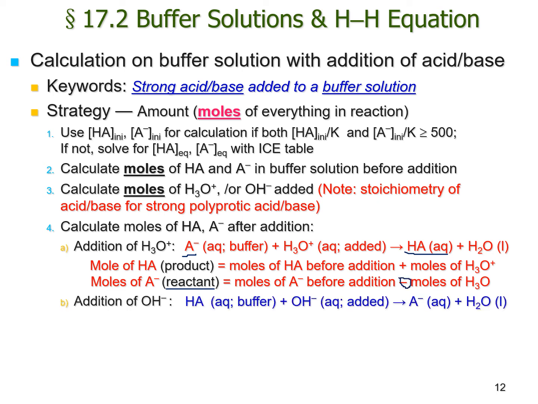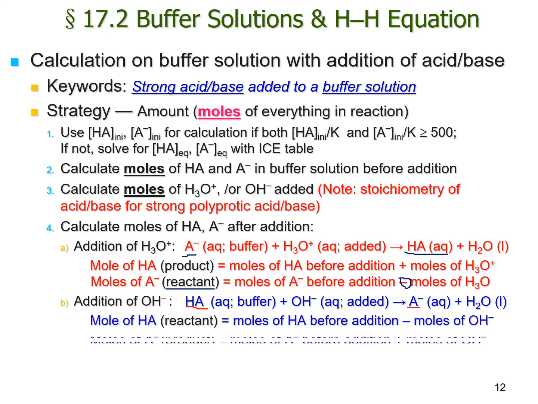And for the addition of a strong base, I just want you guys to understand now it is the weak acid that's going to be the reactant, and the conjugate base is going to be the product. So we're going to see the increase of concentration of conjugate base if OH minus is added because it's a product.